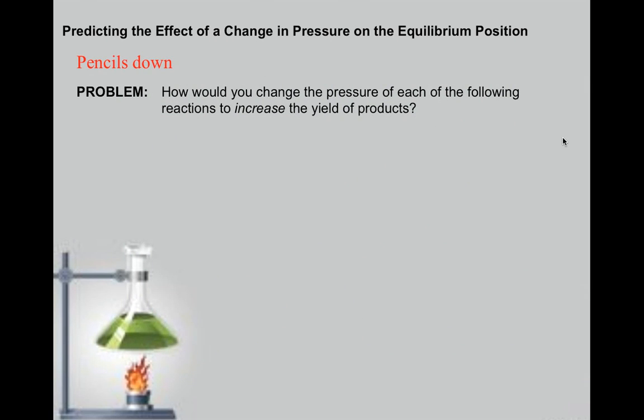Okay. So how would you change the pressure of each of the following to increase the yield of products? In this reaction, we would want to count up the number of moles of gas that we have on each side. Notice right here we have a solid, so I have 0 moles on that side.